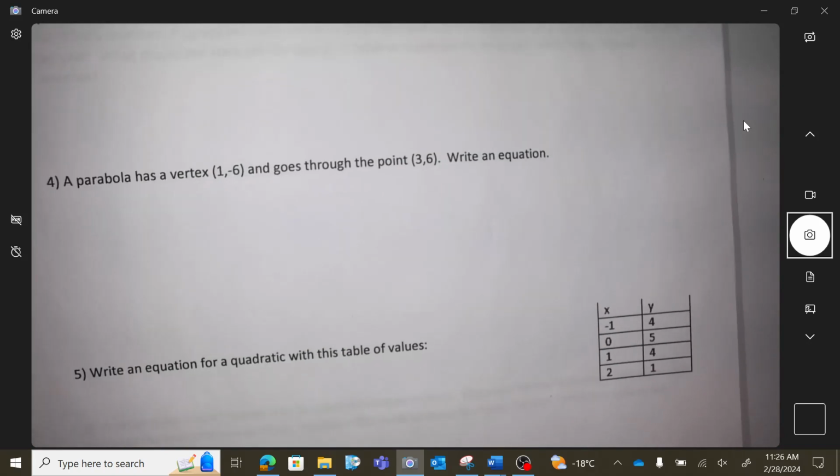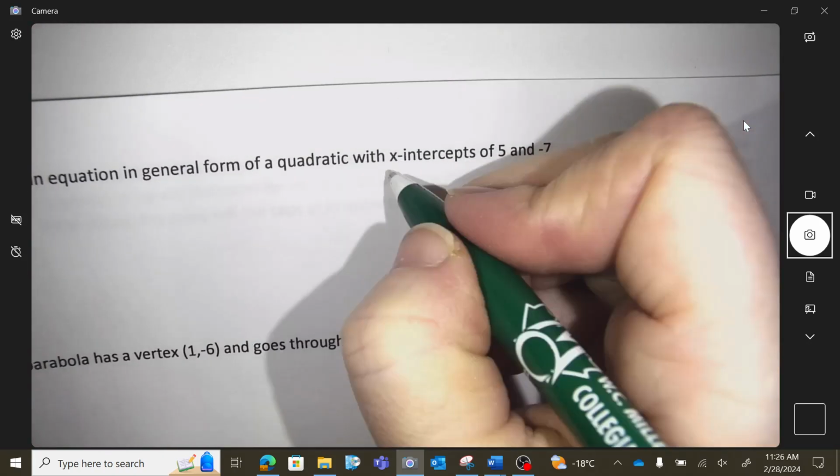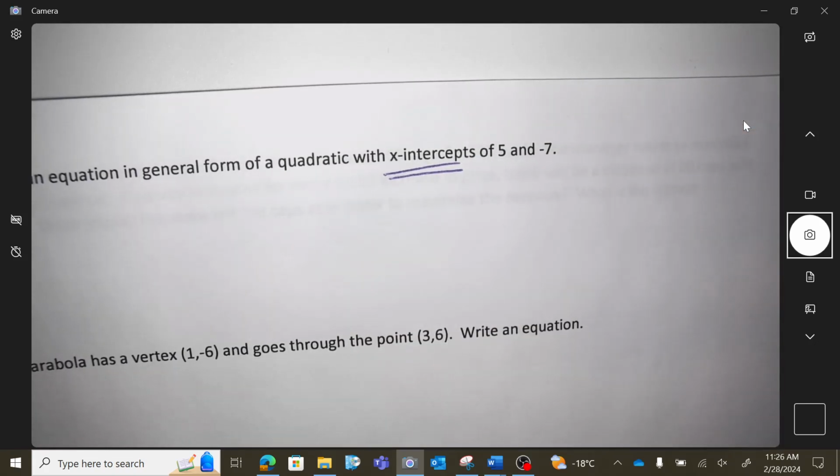Okay, create an equation in general form with x-intercepts of 5 and -7. Can anybody tell me what we would have done to get x-intercepts? Factored.